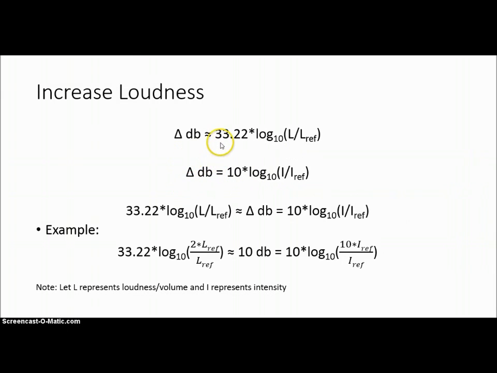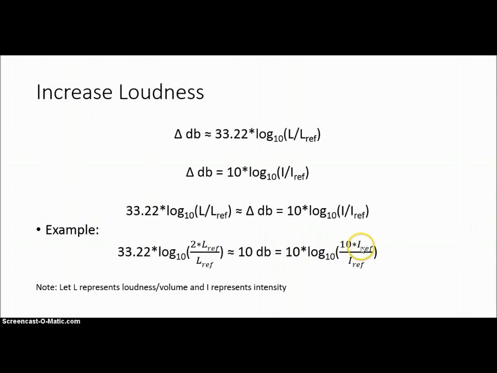Now, if we take the two of these together, we can make them equal to 10 decibels. If we take some reference song that has a specific loudness, multiply that reference level by 2, and then take log base 10 of that and multiply by 33.22, that gives us a change of 10 decibels.